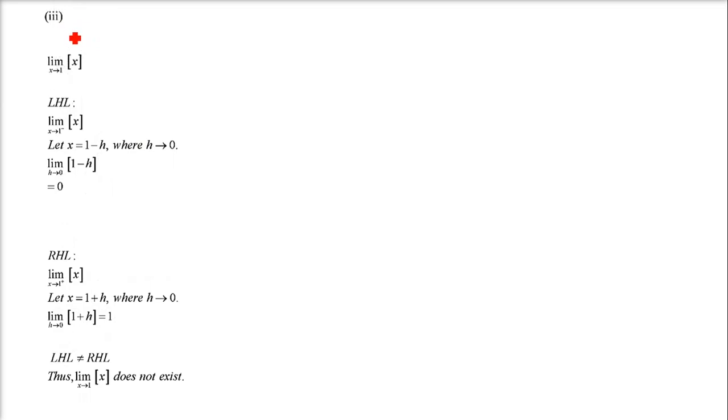So here we have the limit of the same function, x tends to 1. Let me complete it just for completion. We have a equals 1. Now for the left hand limit, we will put a minus h, that is 1 minus h. On the right, we'll have 1 plus h. So x is 1 minus h.